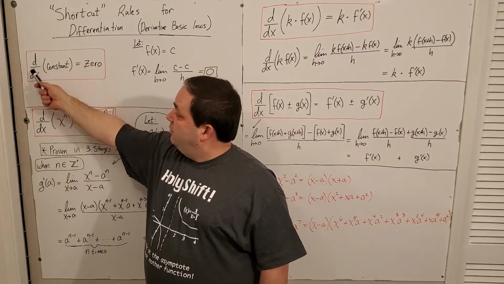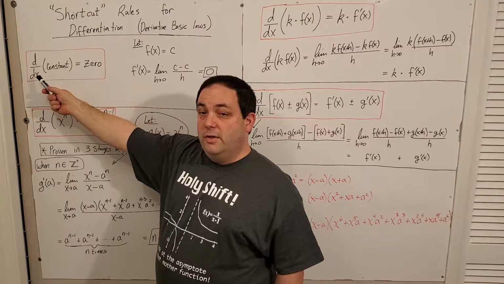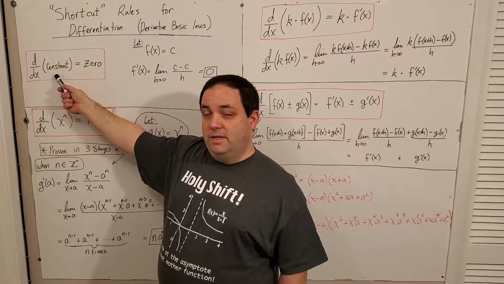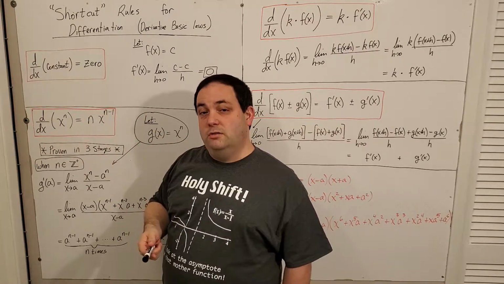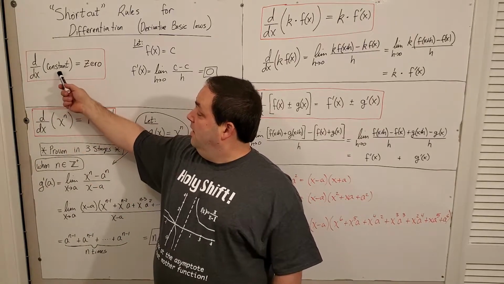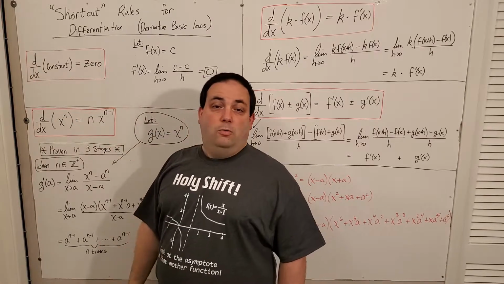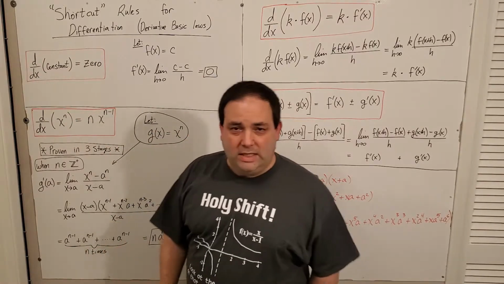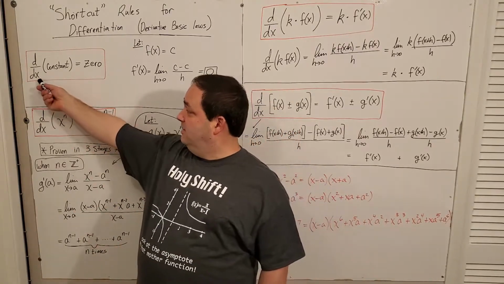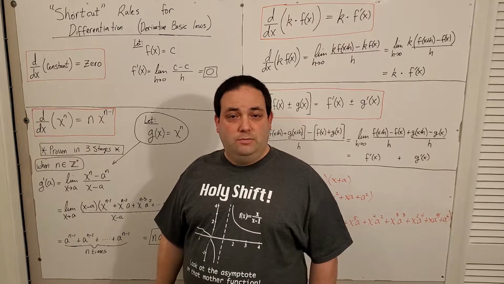So if I take a derivative with respect to x, in other words, I'm letting x be my independent variable, of something that is constant, something that can still be considered a function, but it doesn't actually involve x at all, so it's constant in terms of x, then the answer is going to be 0. The derivative measures a change in something, and if there's no x to change in it, because x is our independent variable, then there's not going to be any measurable change.